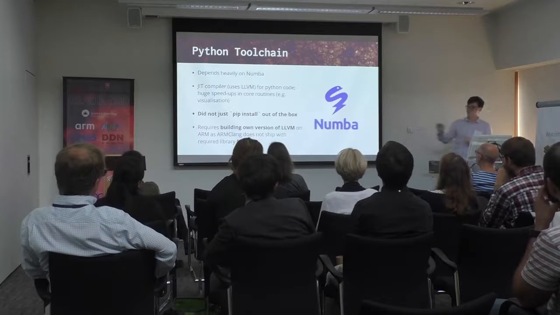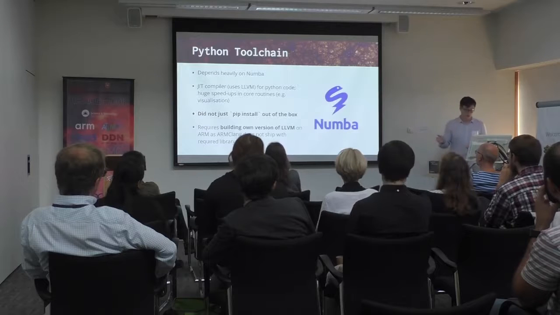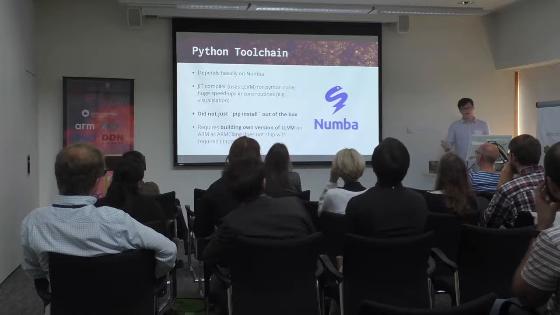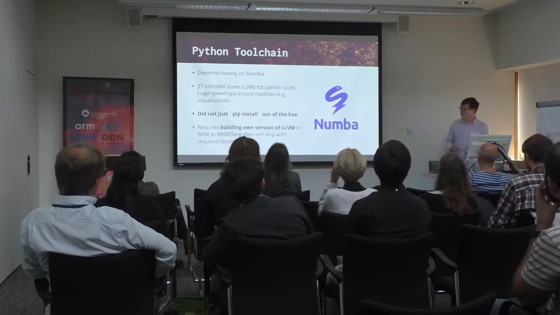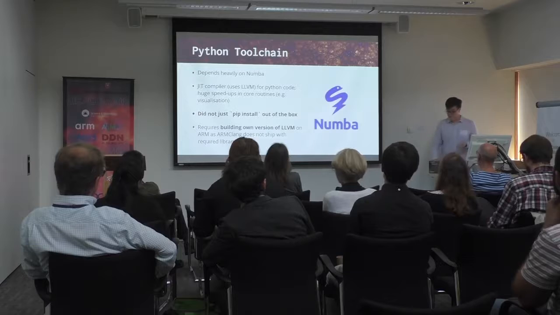So if you've never used this before, you should give it a go. Unfortunately, this didn't just pip install out of the box, and I had to build our own version of LLVM. But that was much easier than I thought it would be, and that worked fine. So we now have the code working over MPI once they've fixed some UCX problem, and we have our Python toolchain.